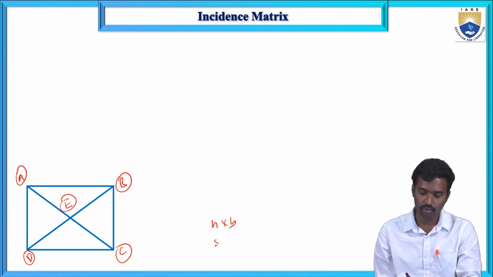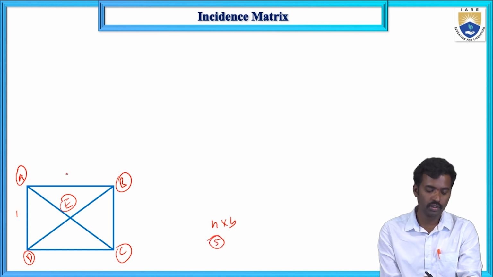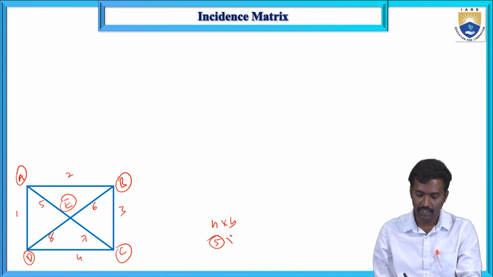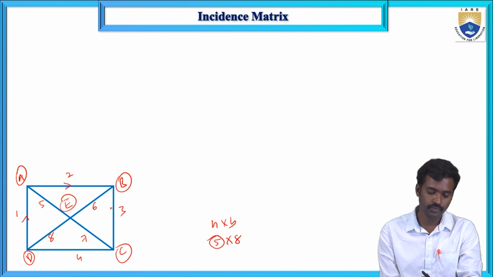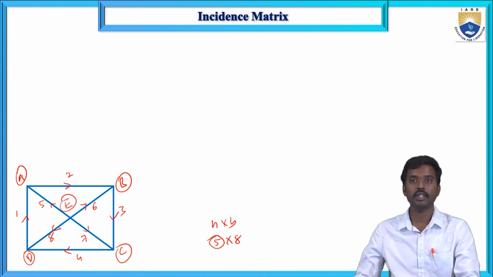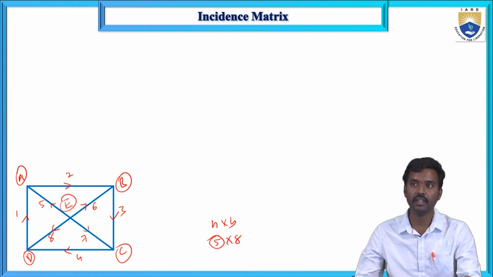So the total number of nodes is 5, and the branches are 1, 2, 3, 4, 5, 6, 7, 8, so 8 branches. Next, the orientation: this direction, this direction, this direction. So these are the directions. Now it is a directed graph.